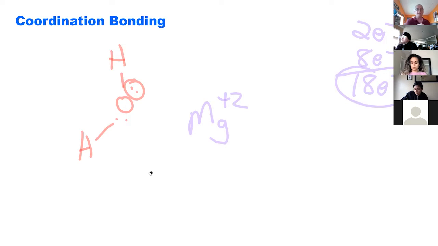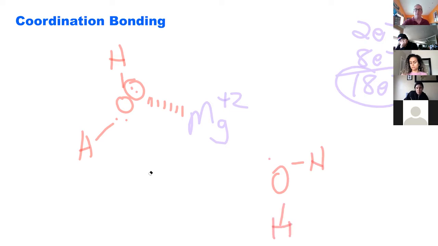So it shares that lone pair of electrons, but it still keeps them close to the oxygen. So it doesn't donate them like it would in a regular covalent bond. Magnesium doesn't bring any electrons to this interaction, and oxygen brings both of them.